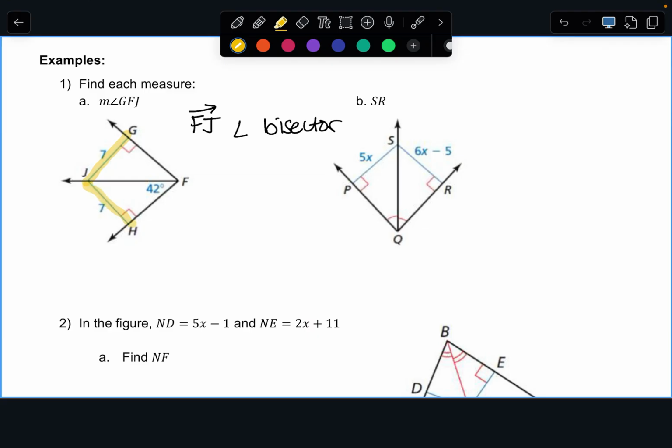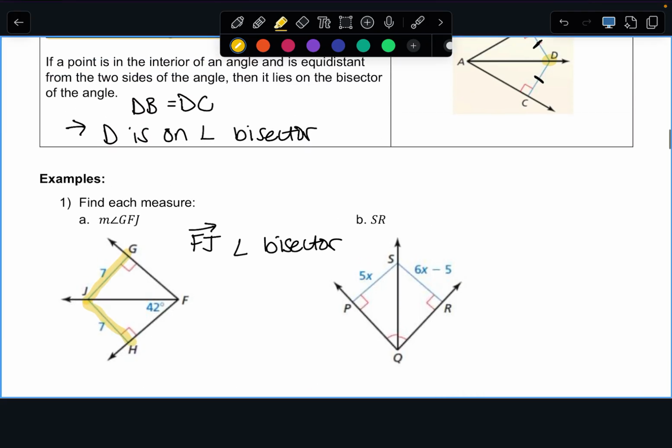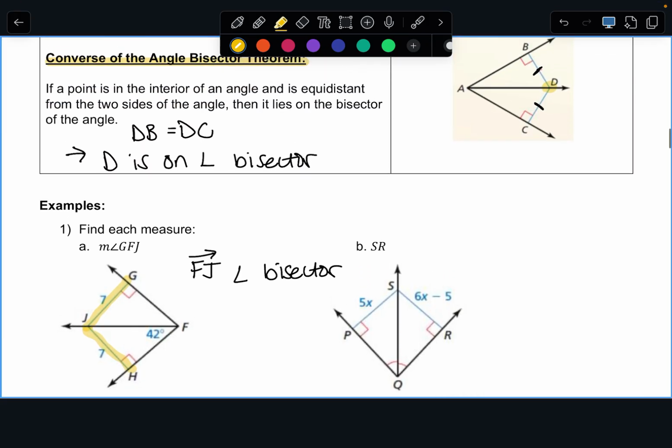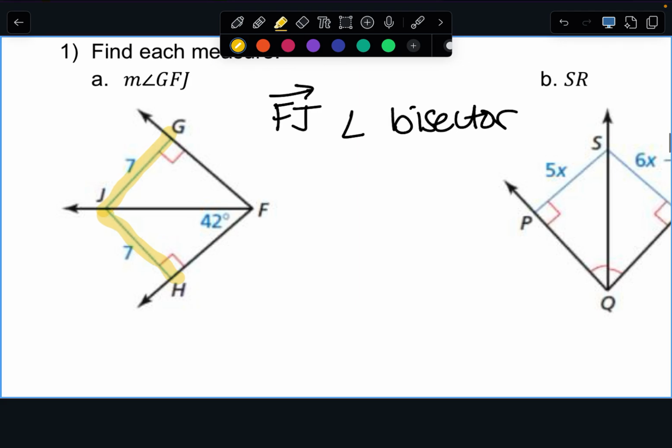Because by the converse of my angle bisector theorem, since these two segments were the same length, since they were both 7, it has to be an angle bisector. So you could either be given congruent angles or these two segments congruent, and you have to know it's an angle bisector. Okay?